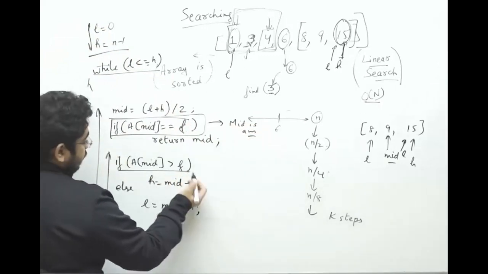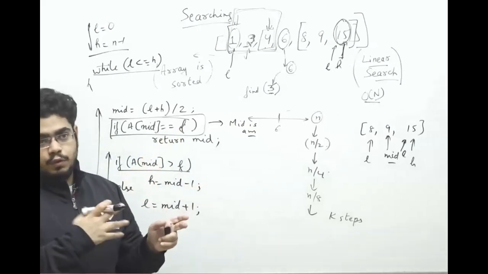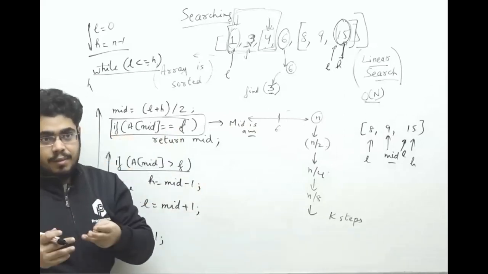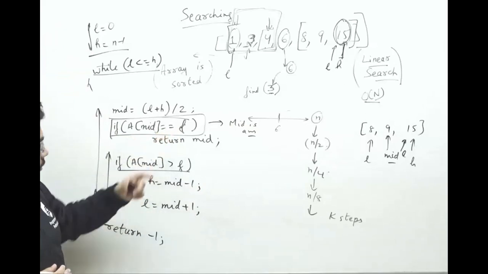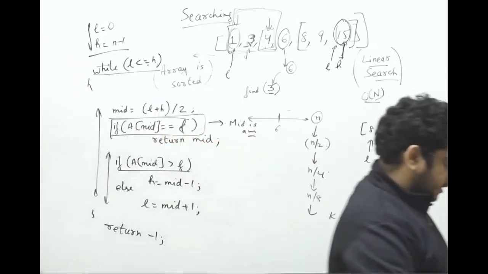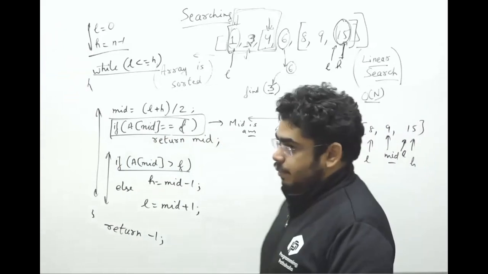That is, if this condition is not satisfied, which conditions will make me move towards left and right. So just three things that you need to change in this template: initialization, check for the answer, and then propagation, whether I want to go left or I want to go right in all the binary search questions. Is that okay? We'll take up one or two examples and we'll see how it works.